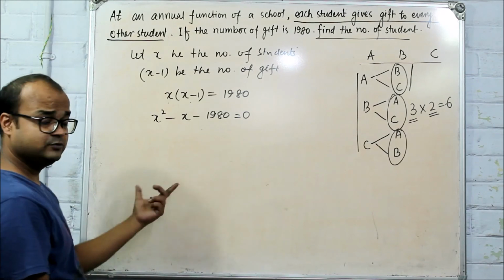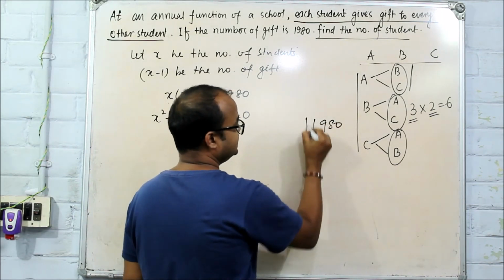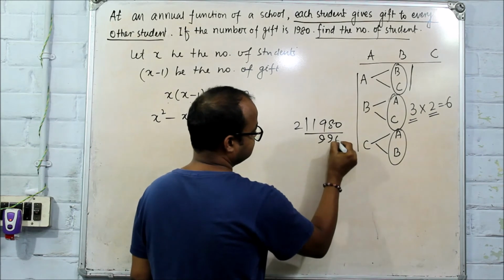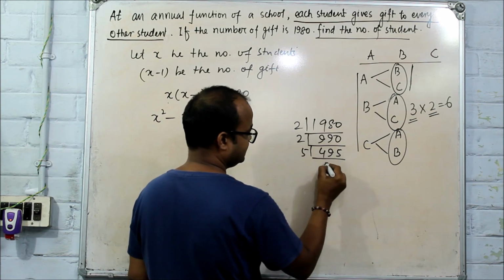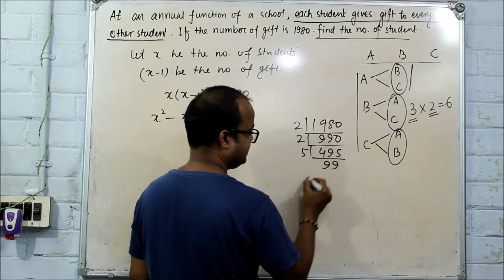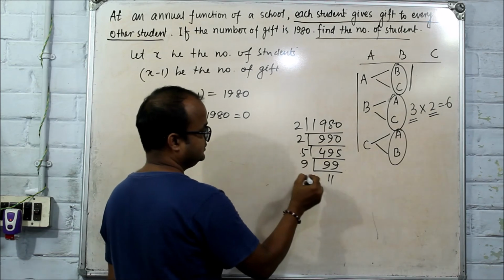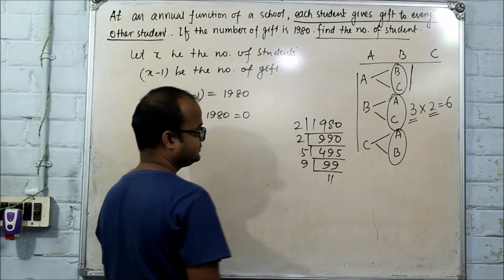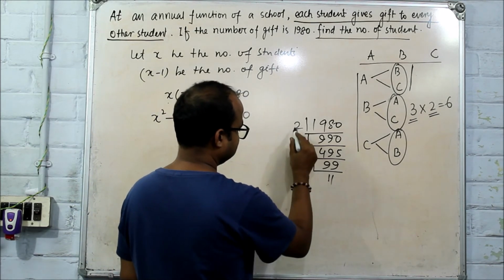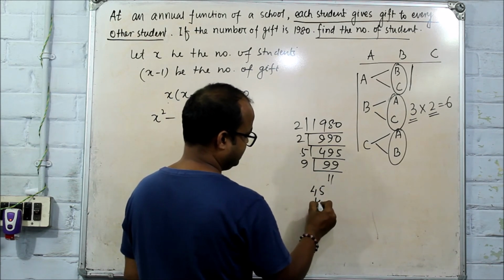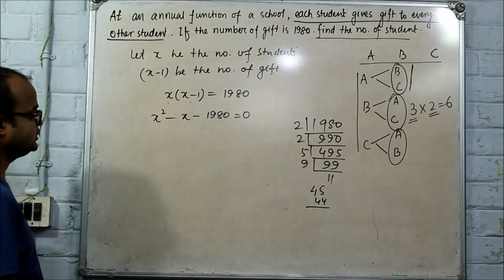You can solve it by the formula or by factorization. I prefer to solve it by factorization. So 45 and 44 are the two factors.